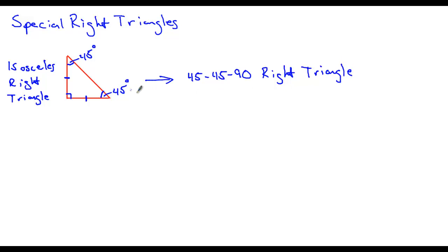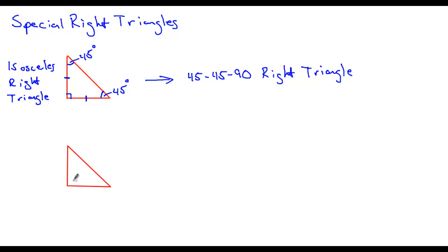So whenever you see the 45s, or you see that the sides are the same and it's a right triangle, you know that it's a 45, 45, 90 right triangle. And the cool thing is that once you memorize a pattern that I'm about to show you, you won't have to do the Pythagorean theorem to figure out the side lengths of this thing.